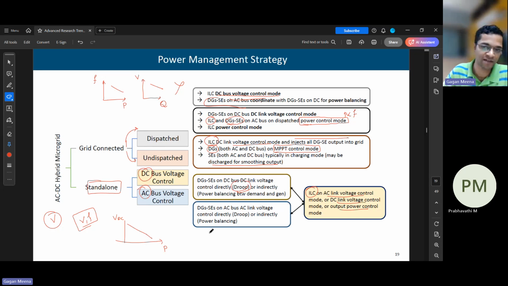So that is direct control of DC link voltage by using droop control, and indirect is by having the power balance between the demand and generation. So DC link voltage control can be achieved by using direct or indirect control.